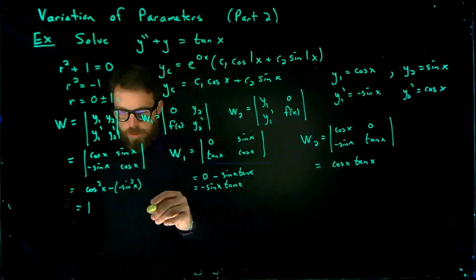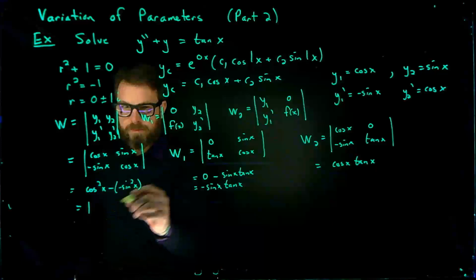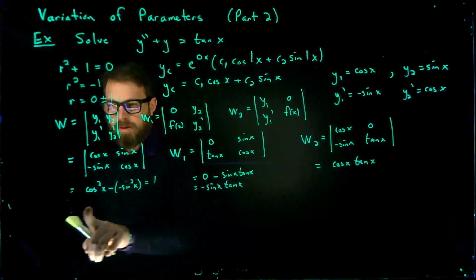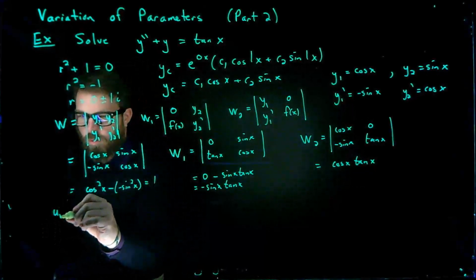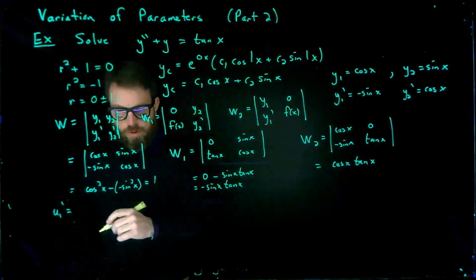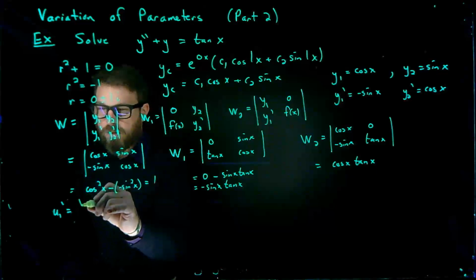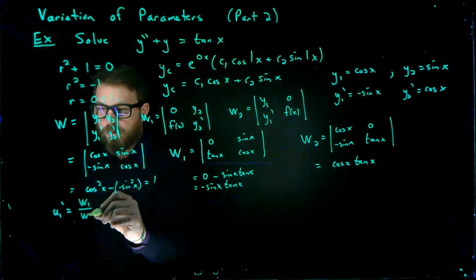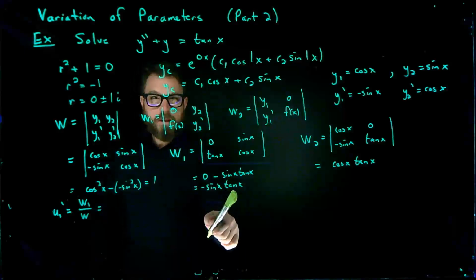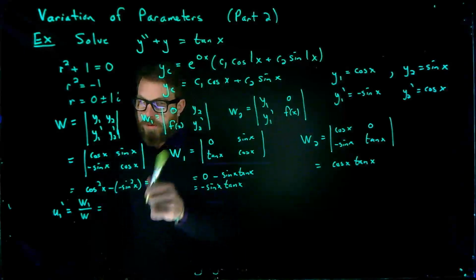Now, U1 prime. This is 1. So U1 prime is going to be equal to W1 over W, so this is W1 over W. W1 being this thing, W being just 1.